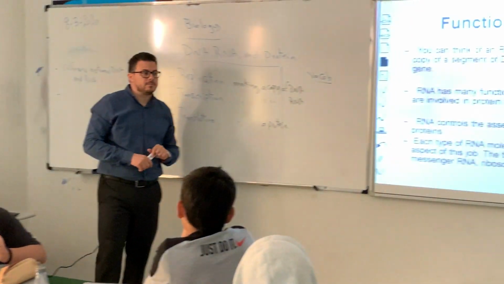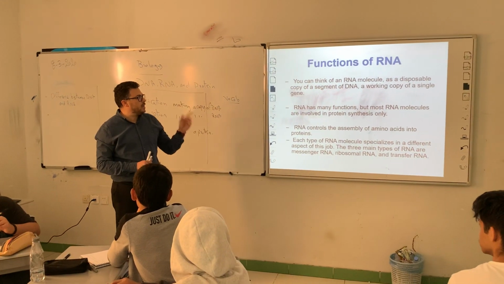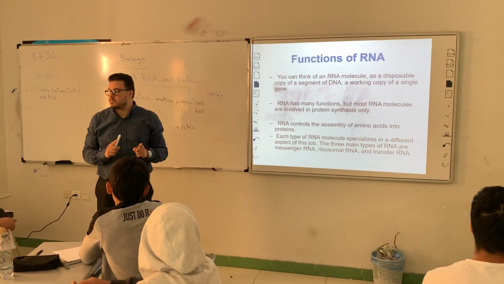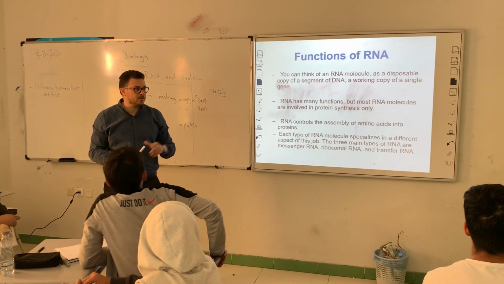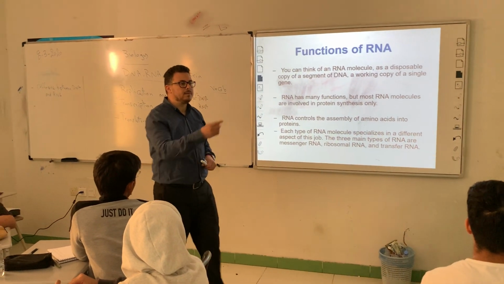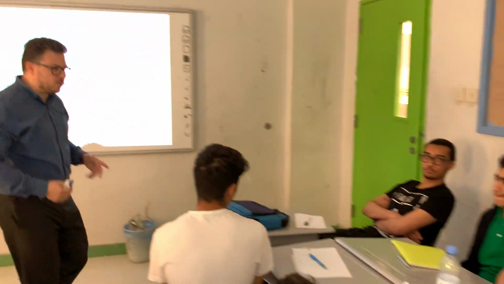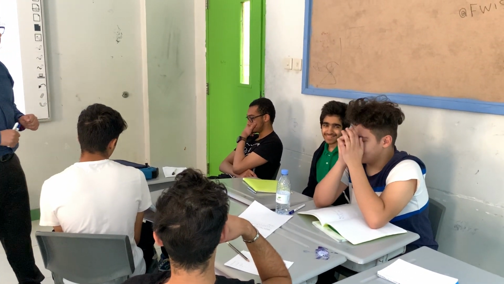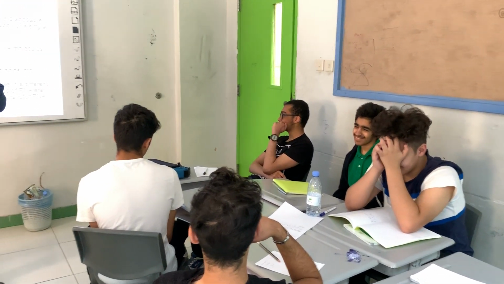Function of RNA. Actually, here we have to differentiate between the different forms of RNA. How many forms are there in the RNA? Abdullah? Three forms. What are they? Okay, I'm telling you.